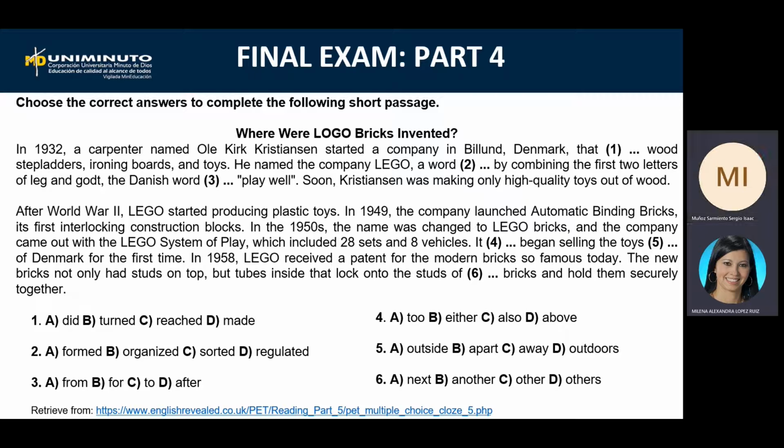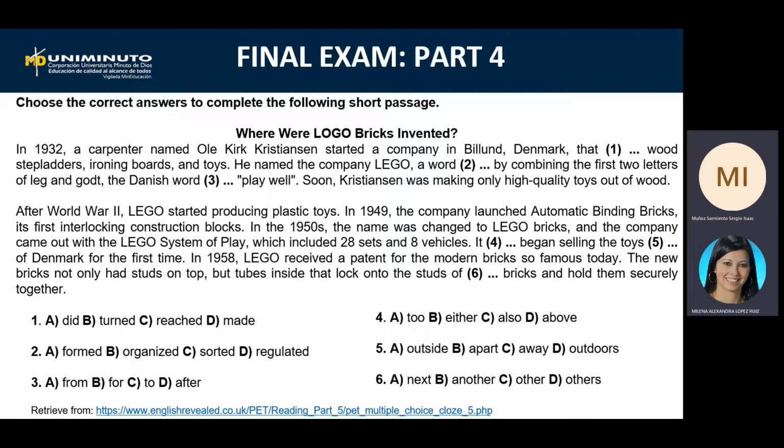How the first idea that Ole had started, because he wanted to make toys, good quality toys for people.